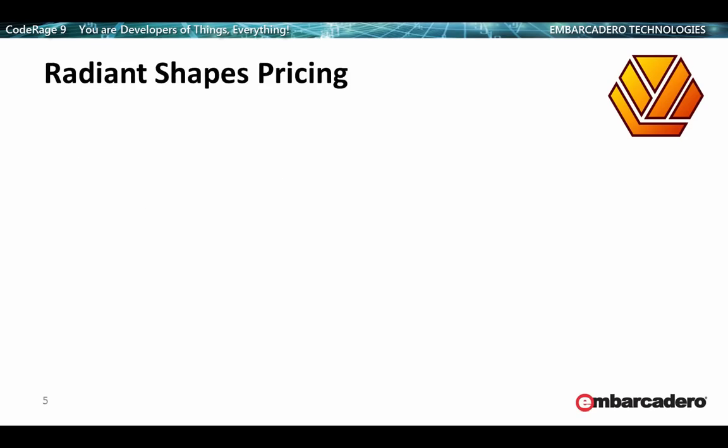Radiant Shapes pricing is a bit different than traditional Raize Software products, which were more single-use, purchase at once, purchase maybe upgrades as new versions came out. In order for us to be more effective in handling changes to the FMX framework and the dual release cycle that is occurring with Embarcadero these days with the various versions of RAD Studio and AppMethod, we are switching to a subscription model for Radiant Shapes.